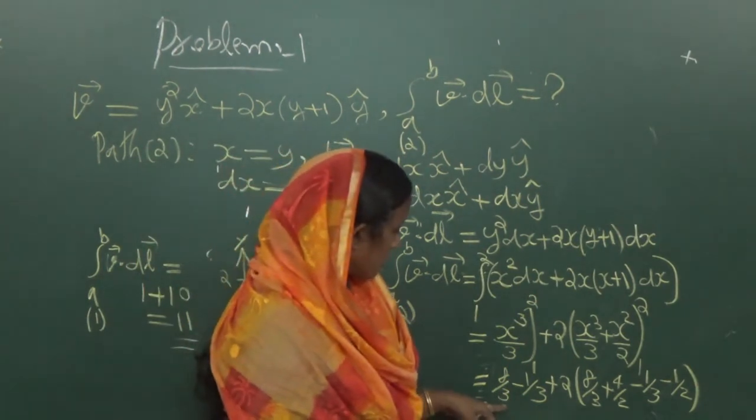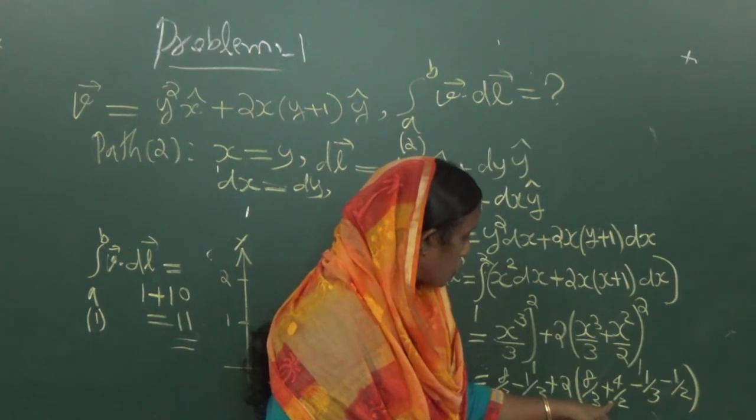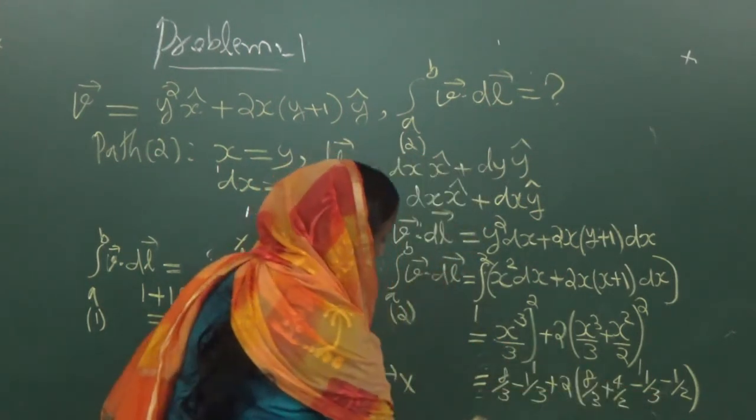So what do you get here? Here 7 by 3, and here you have 2 times 3 by 2. You can simplify all these things.